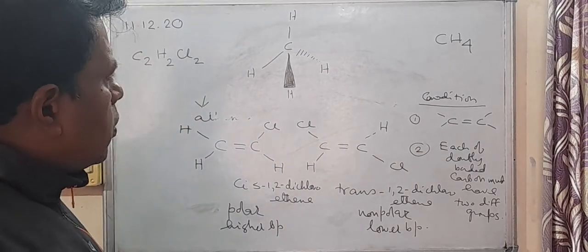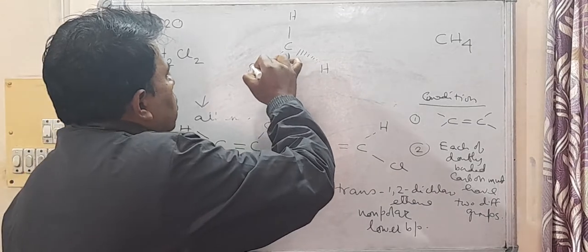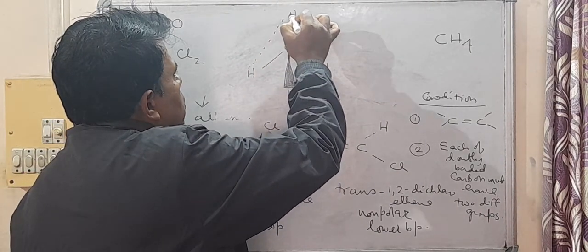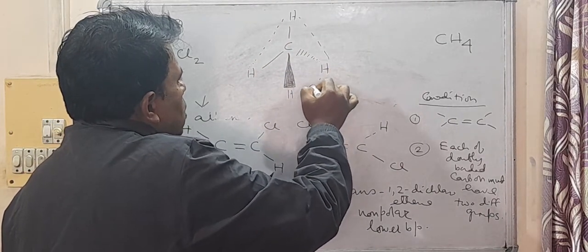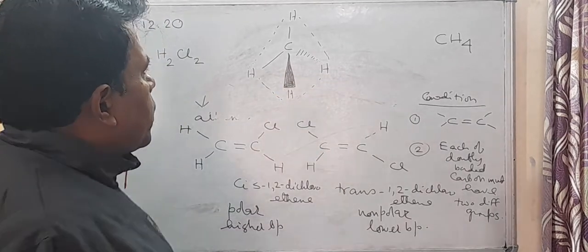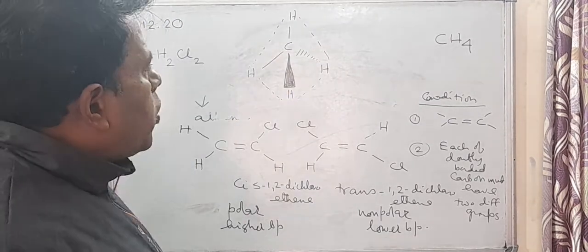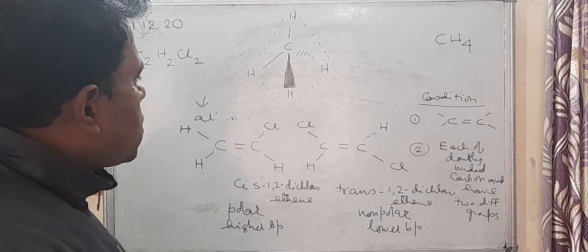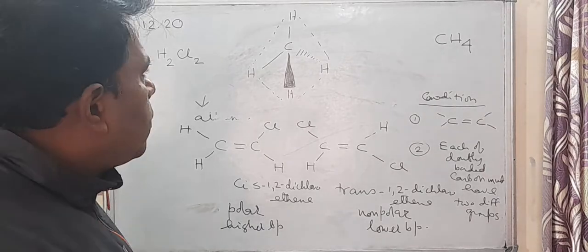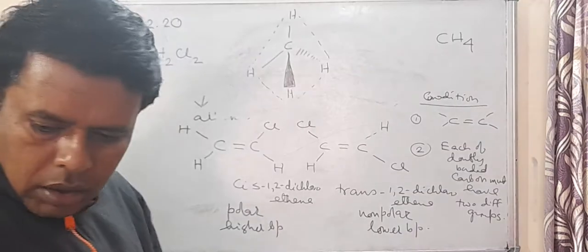So this is the dash and wedge representation, and if I complete the geometry, then it is a tetrahedron. You know this carbon is sp3 hybridized. Bond angle is 109 degrees 28 minutes or 109.5 degrees.